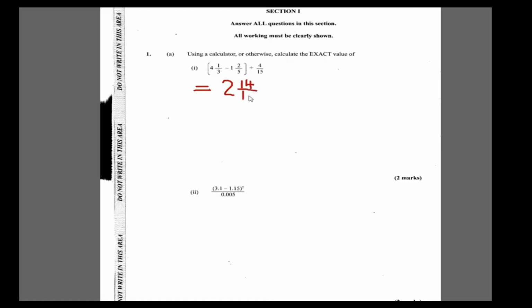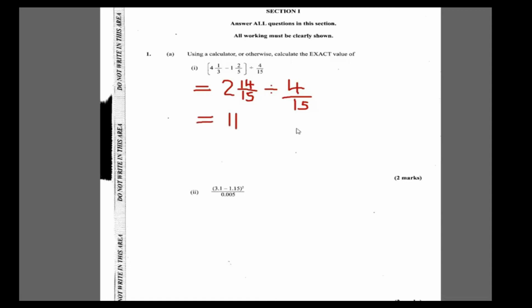And then you're going to have to divide it by 4 over 15. So you can go ahead and put that in your calculator: answer divided by 4 over 15. And it should work out. Put it in the calculator, I'm getting 11. So the final answer is 11.